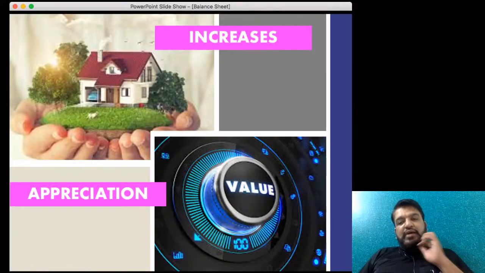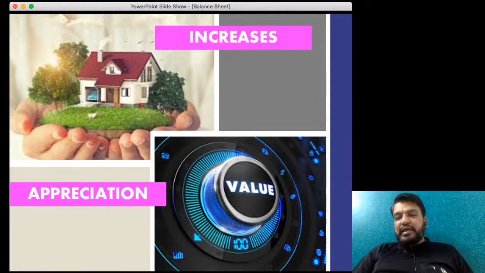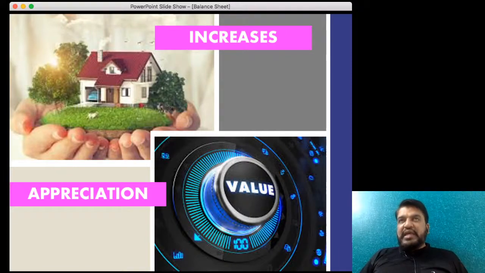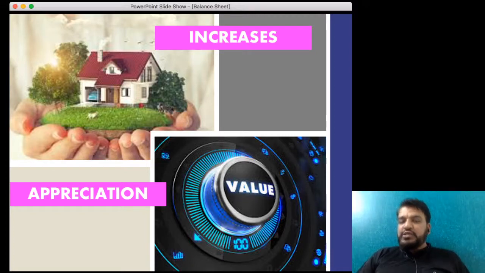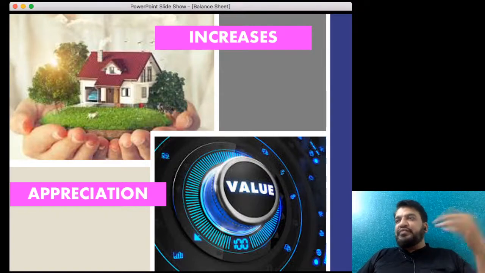Okay. Now, anytime anything in business is valued in terms of money, if the value increases, it's called appreciation. Normally we see houses, land and property, where the value goes up. Oh, my dad bought it for 10 lakh rupees, now it is 50 lakh rupees. So the value has gone up.